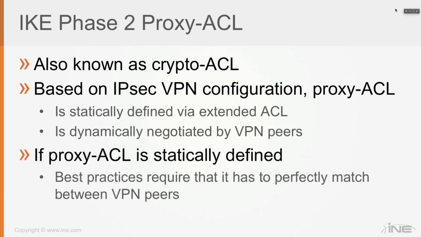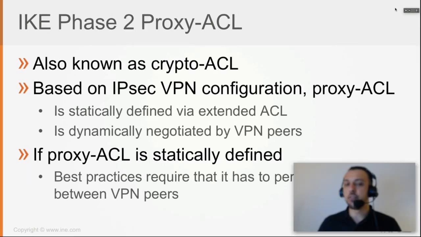If the proxy ACL is statically defined, which is also our use case with crypto map IPsec VPNs, best practices require that it perfectly match between VPN peers. If one peer wants to secure traffic between 10.0.0.0/8 and 20.0.0.0/8, the other peer has to have the same configuration. That's what I'm trying to say with this.